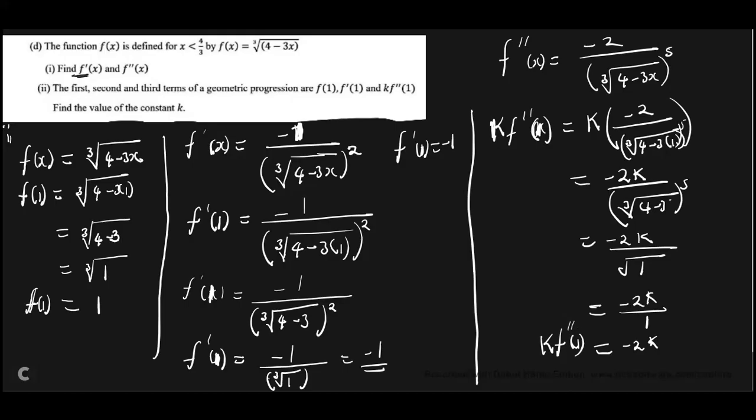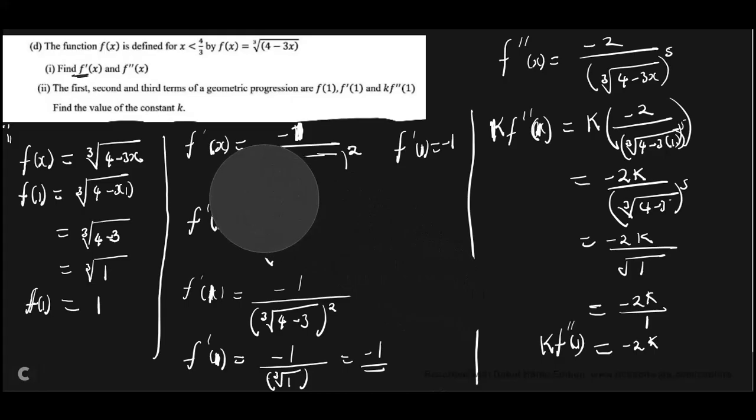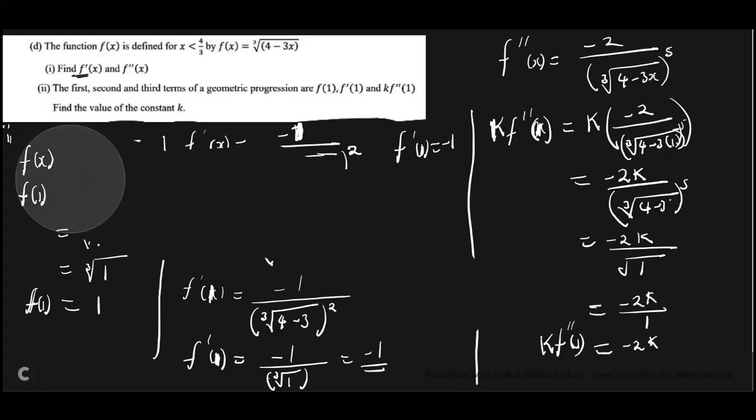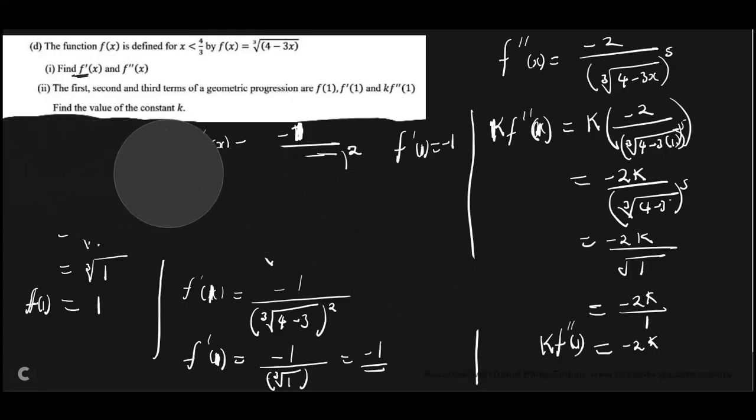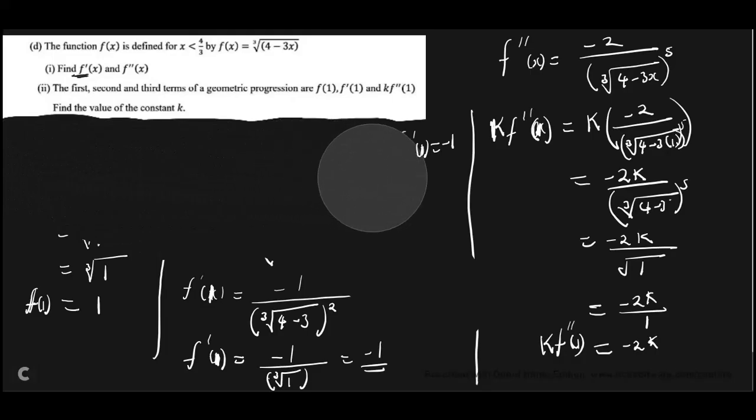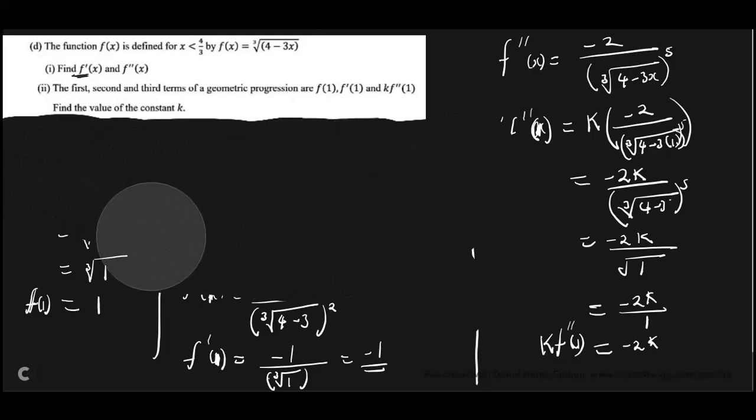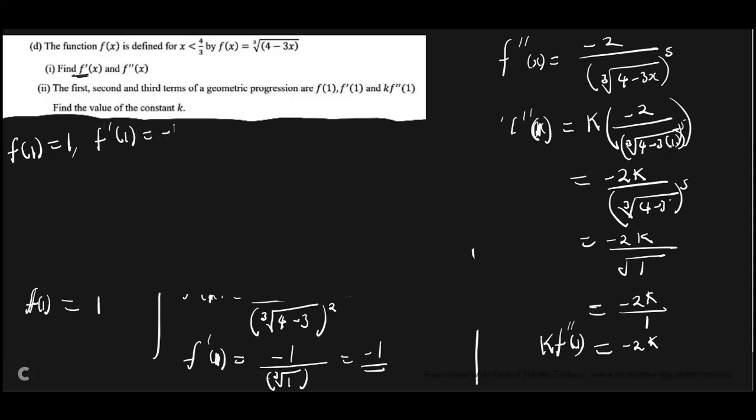Now let's arrange them. So here, let's arrange this. The f of 1 is 1, right? Then the derivative of f at 1 is negative 1.